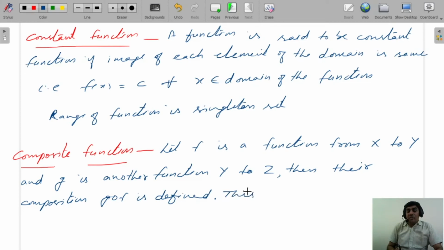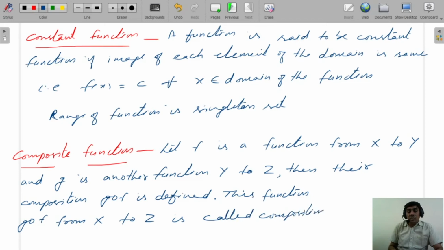This function g of f from X to Z is called the composition of two functions f and g.